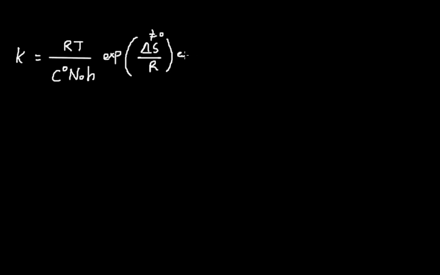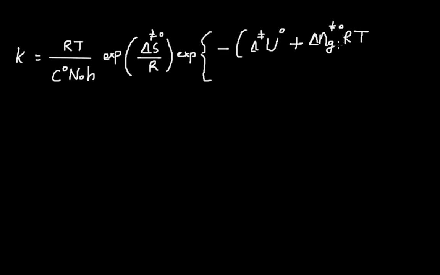K is equal to RT by C naught N naught h, exponential, and we are just plugging in the expression for delta H. Okay, so it is going to be this.